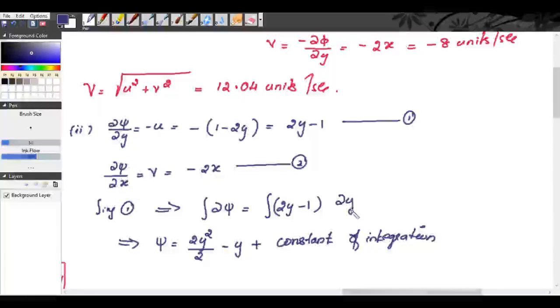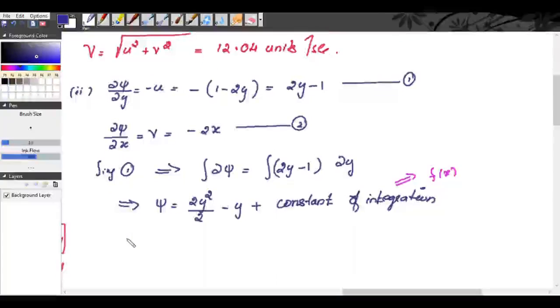Now see, we are integrating with respect to y. So this constant of integration will be a function of x. It cannot be a function of y. It can be only a function of x.